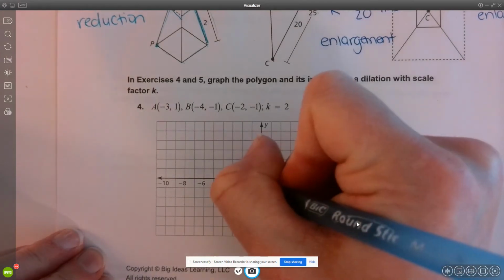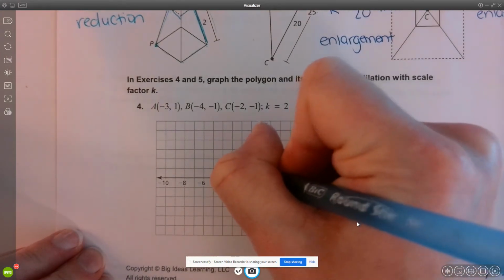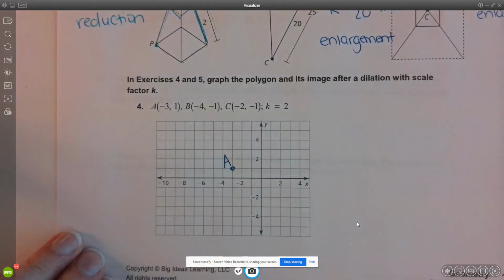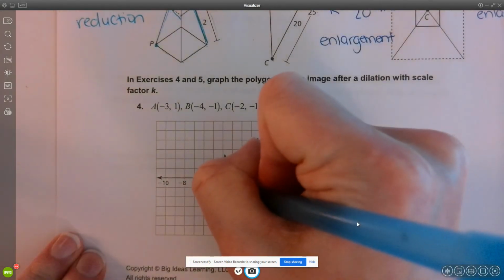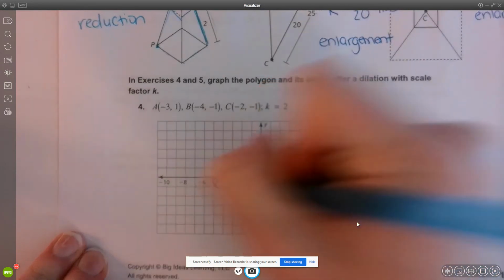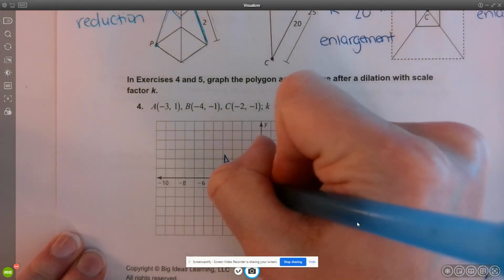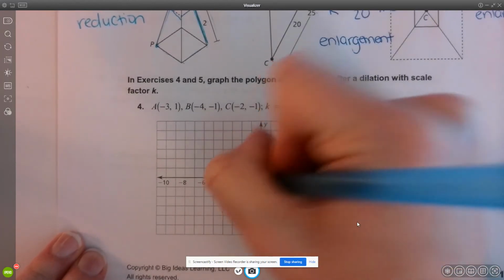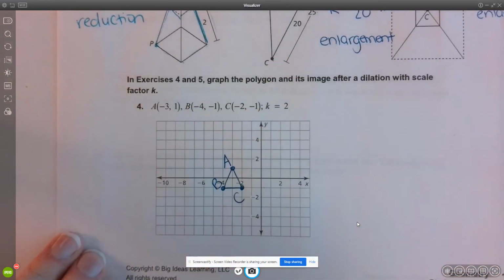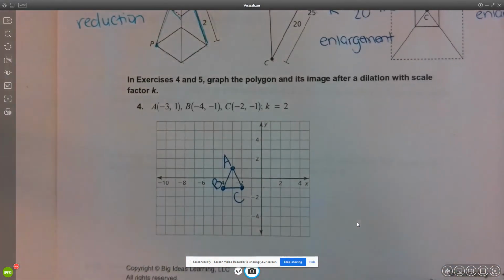A is at -3, 1. B is at -4, -1. And C is at -2, -1. My scale factor is 2, which is a number greater than 1, so I'm going to expect this pre-image to get larger.